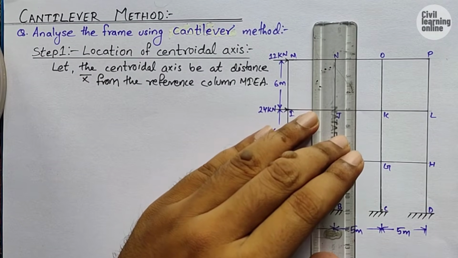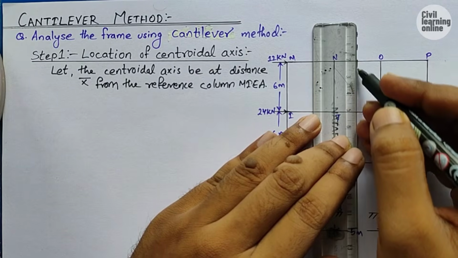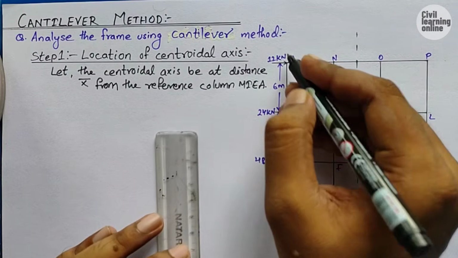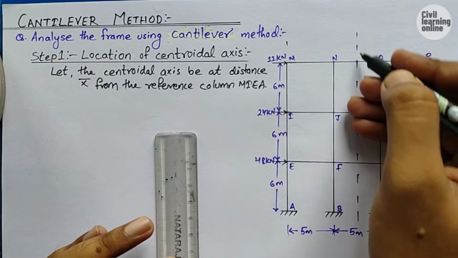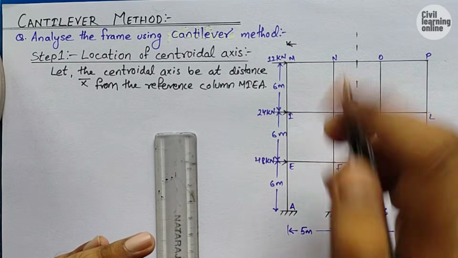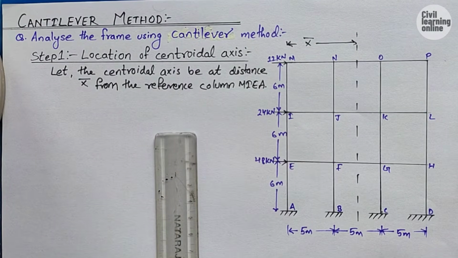Plot it here. And the distance of this centroidal axis from the reference column MIEA is x bar. This is what we have written here.